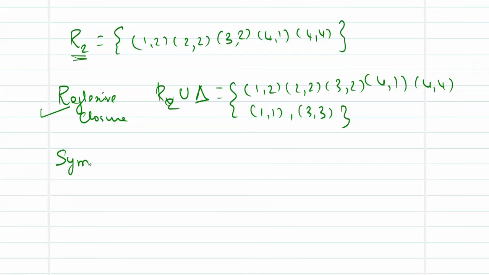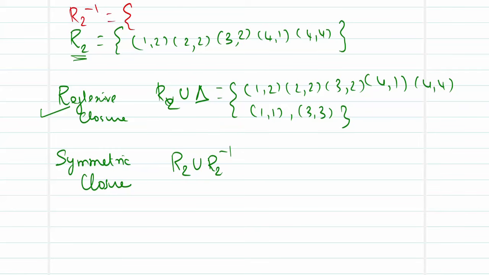How to get your symmetric closure? This is going to be R2 union R2 inverse. Let us first write R2 inverse. The flip of the elements: (1,2) as (2,1), (2,2), (2,3), (1,4) and (4,4).